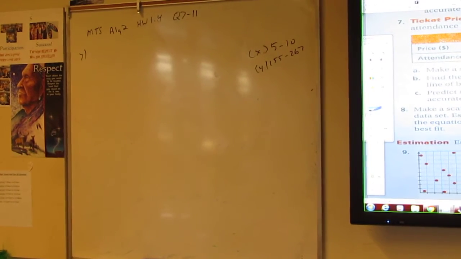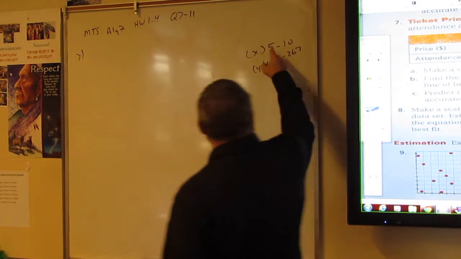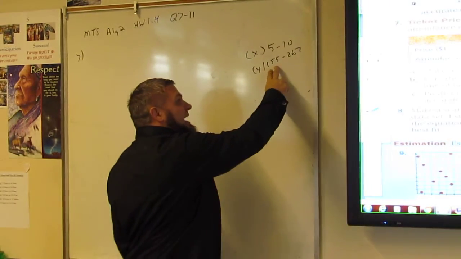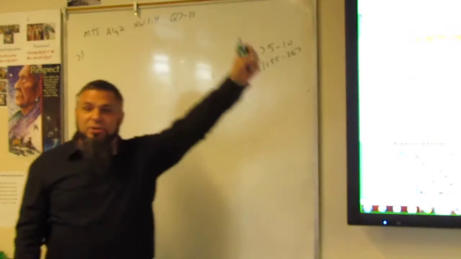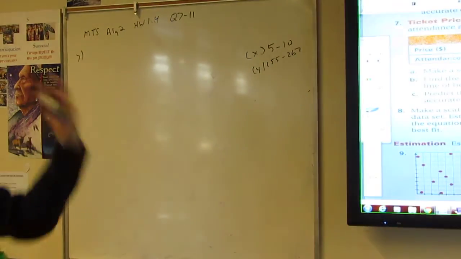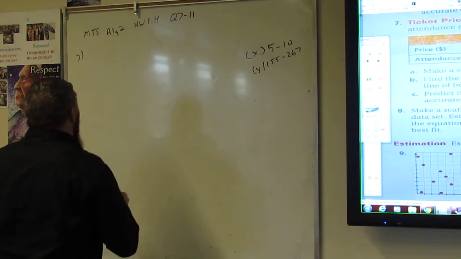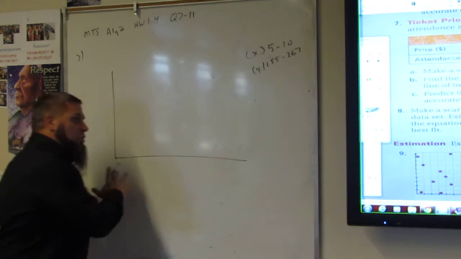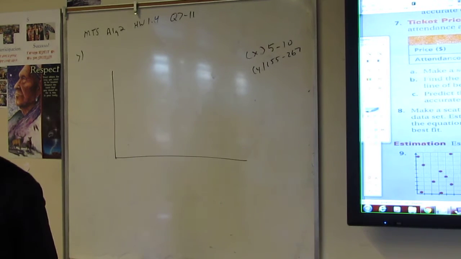So we got the x's go from 5 to 10. The y's go from 155 to 267, right, Jordan? So what would be a good x value if I'm going to make a scatter plot? What would be a good x to set up here?